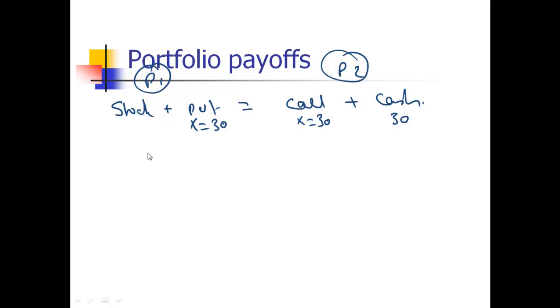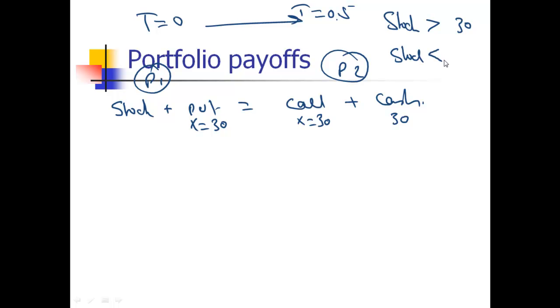Let's say that you invest in this portfolio at time t equal to 0, and this portfolio matures 6 months later at time t equal to 0.5. Broadly speaking, there are two scenarios at t equal to 0.5. Either the stock price is going to be greater than 30, which is the strike, or the other scenario is what?